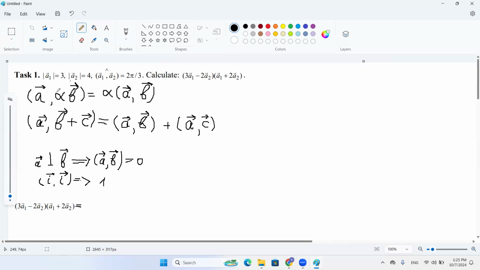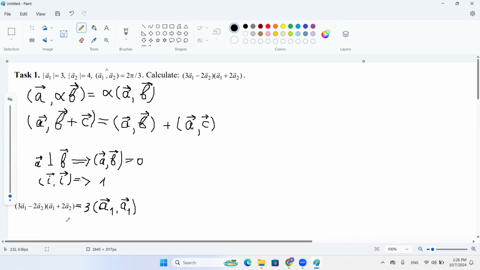So using the associative and distributive rule, I move 3 out of brackets and I multiply a1 by a1, this part.